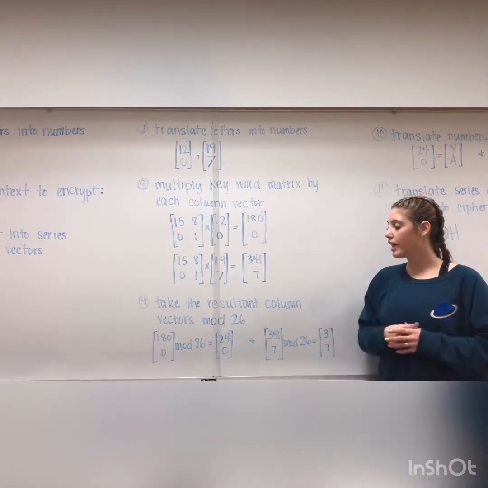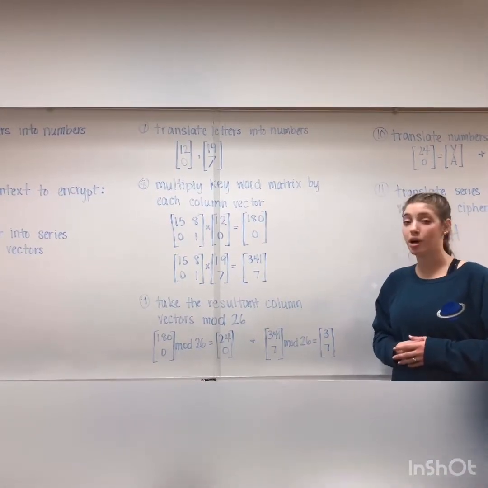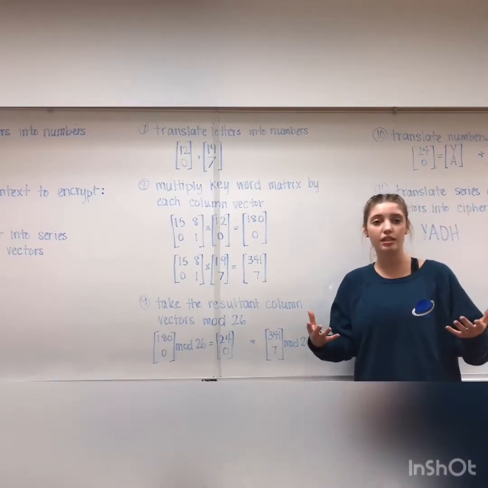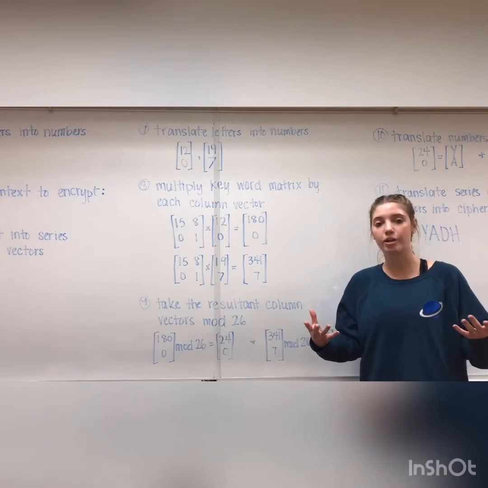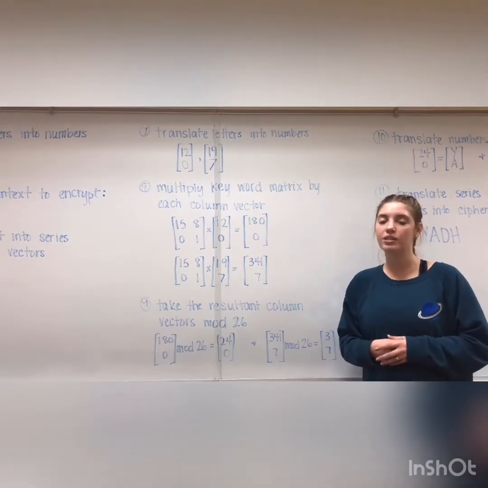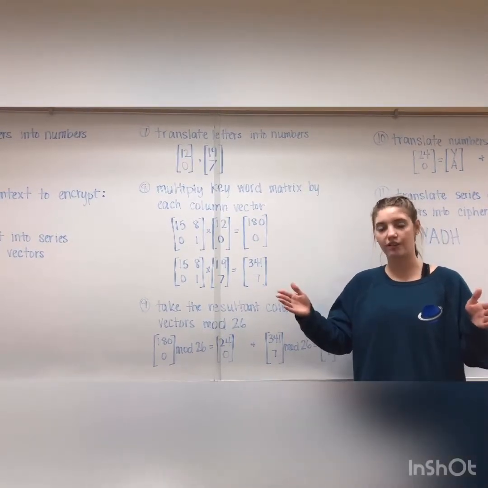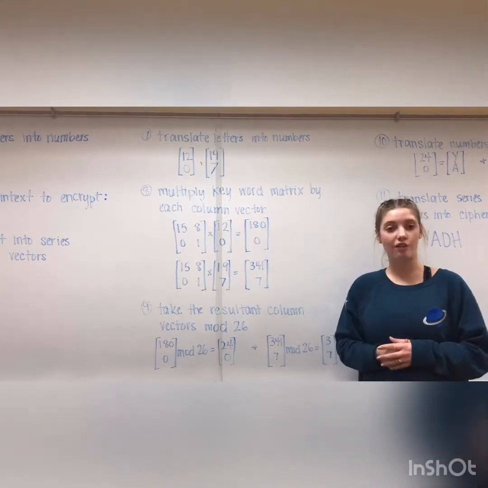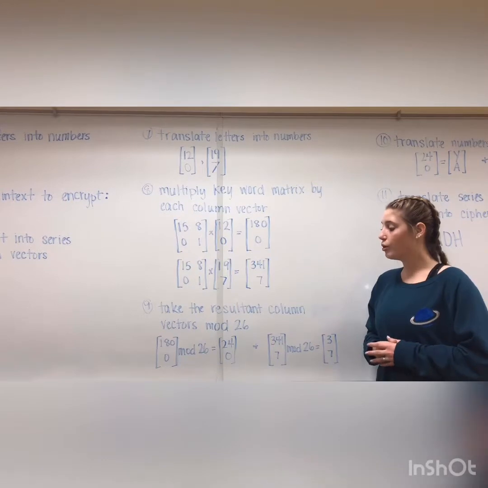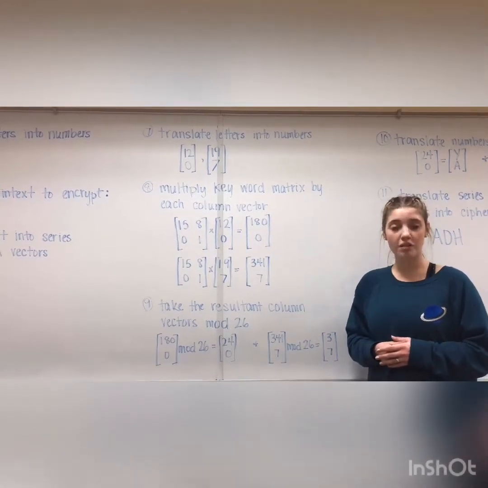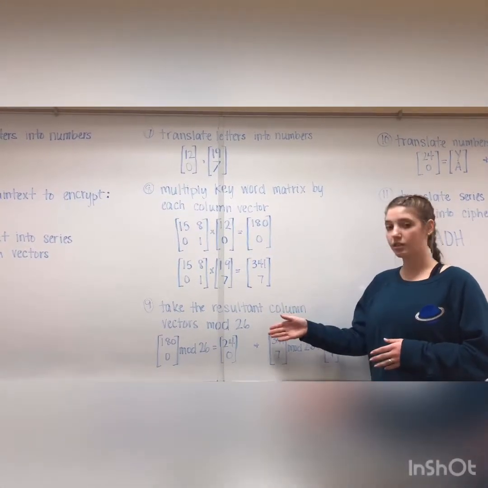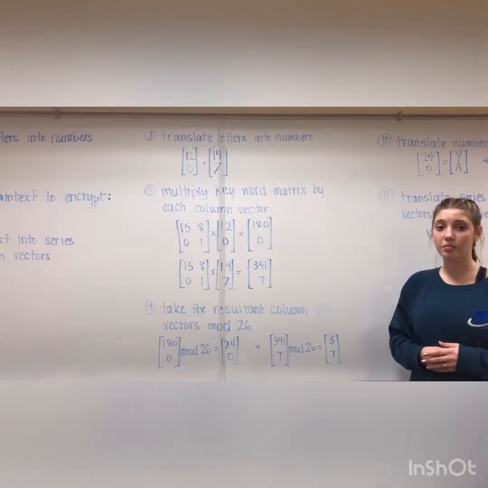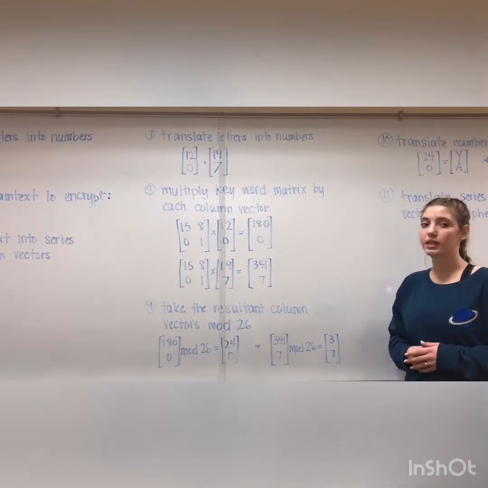Step 9 is to take the resulting column vectors mod 26. Mod 26 allows us to make sure that every number in our column vector is within the range 0 to 25, because those are the numbers that are mapped to our alphabet. So the vector 180, 0 mod 26 is 24, 0, and the vector 341, 7 mod 26 is 3, 7.